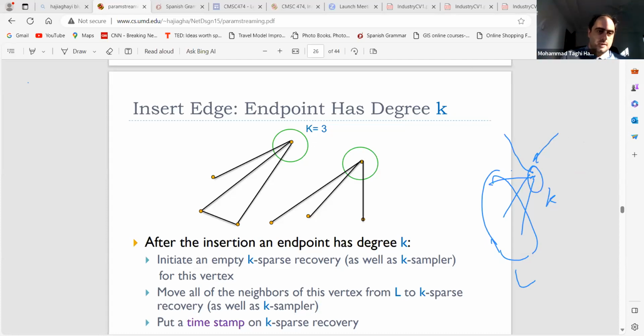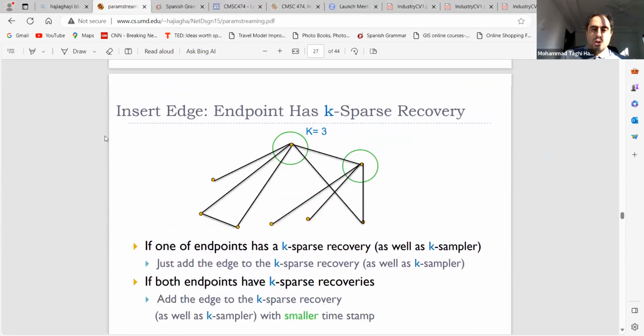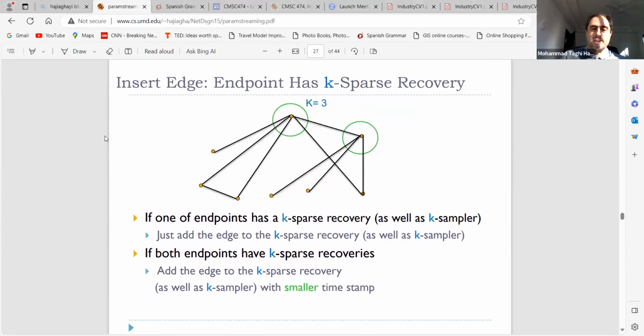Good. Now let's talk about the next case. The only remaining case is that when you insert an edge, one endpoint already has a k-sparse recovery.